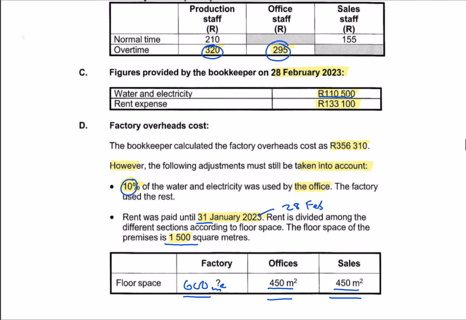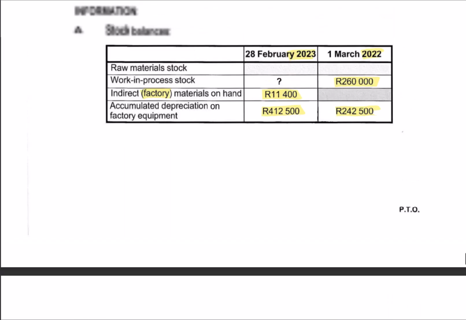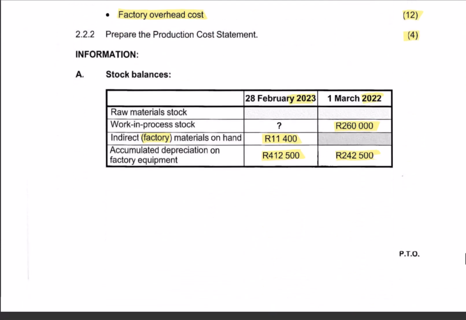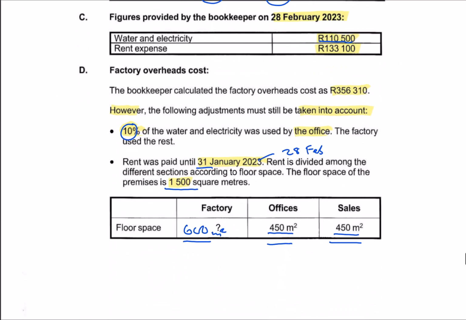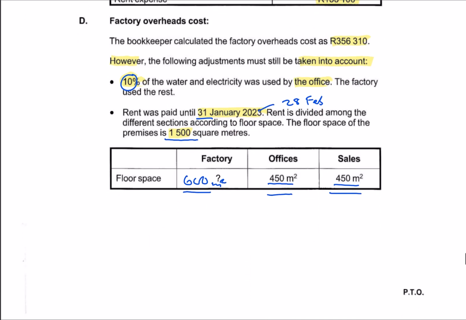They didn't tell you here that there was outstanding rent, but if you are told that rent was paid until 31 January, and your year end is 28 February, you must always be careful with such, especially rent and insurance. Always look closely, read and understand.